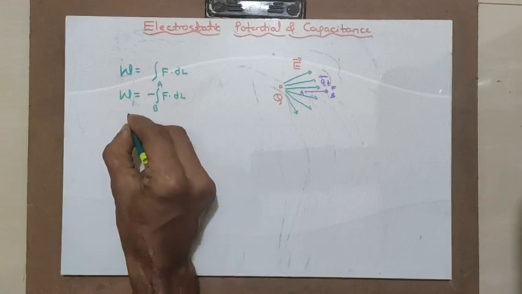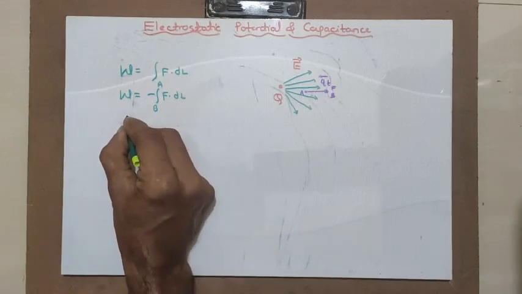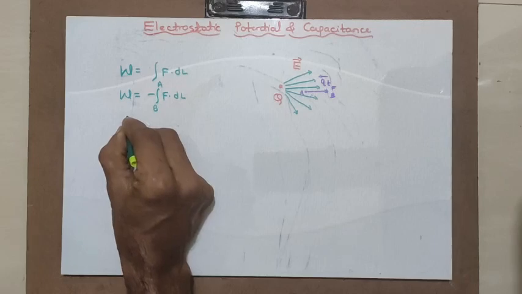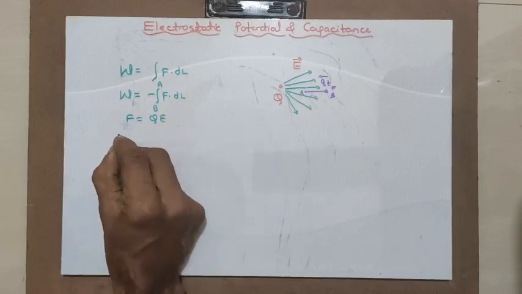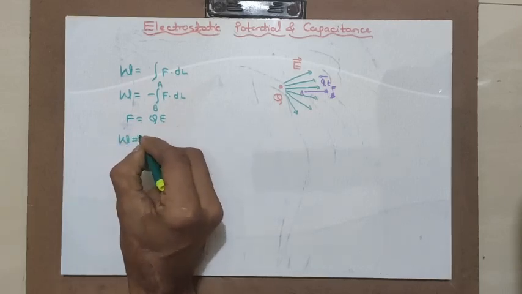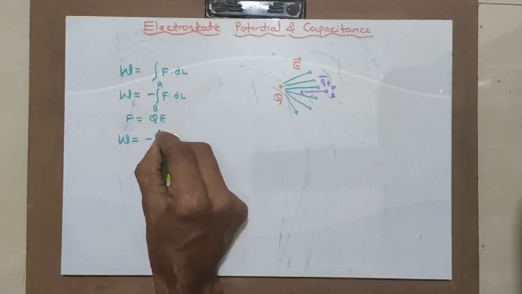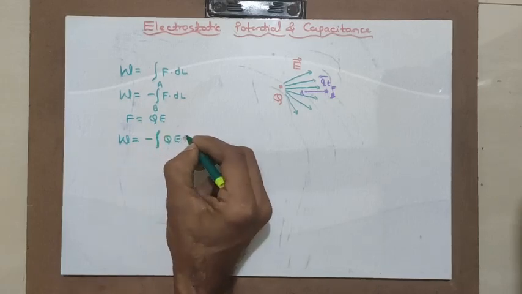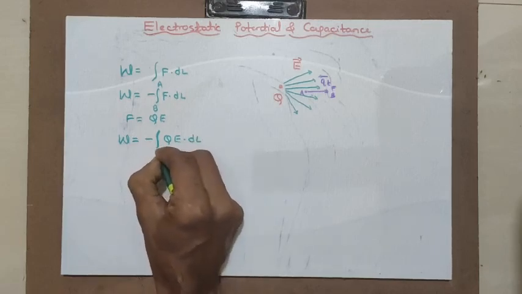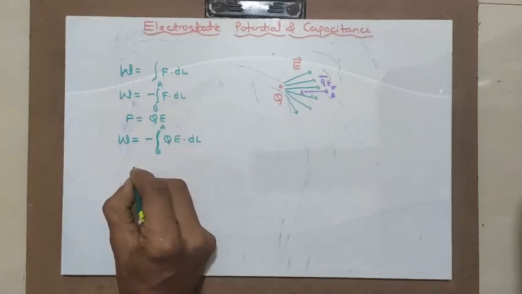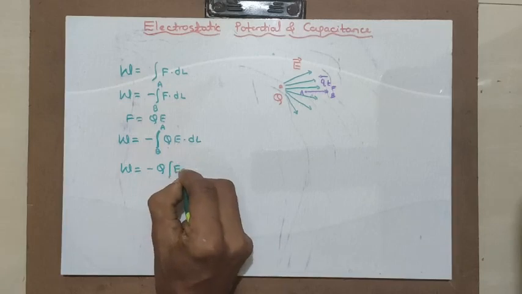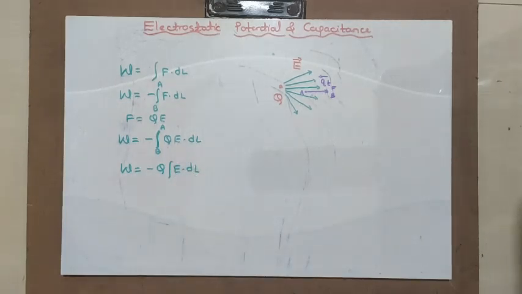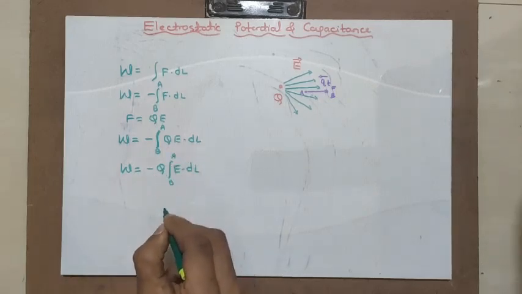Now you know that electric field and force are related as force F equals Q into E. Hence work done is equal to minus Q E dot dl, moving from the initial position to the final position.